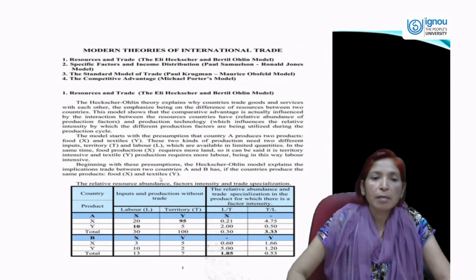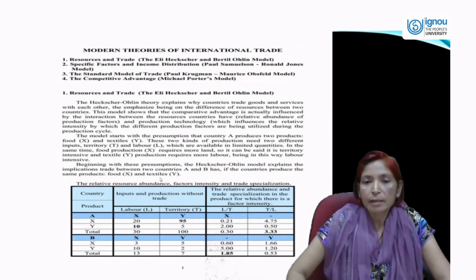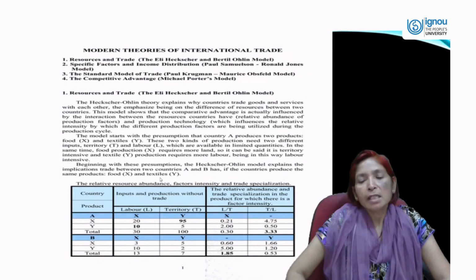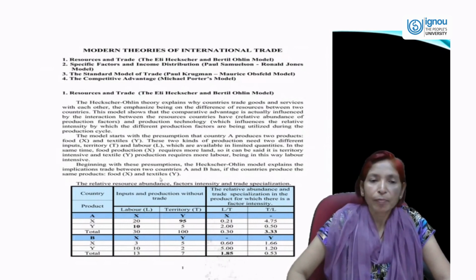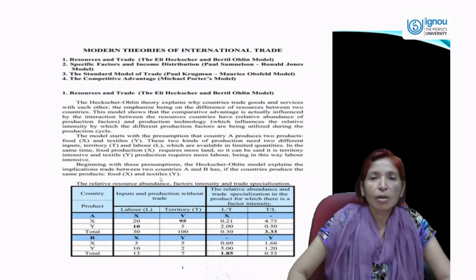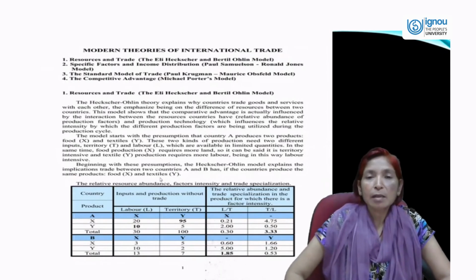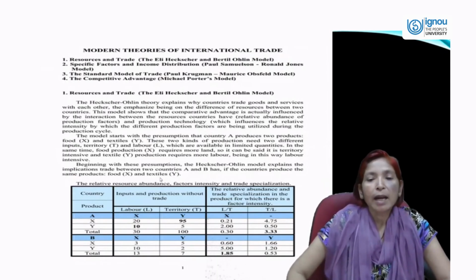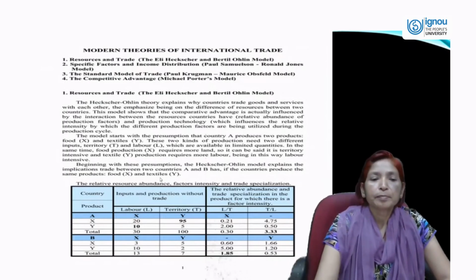At the same time, food production requires more land, so it can be said to be territory intensive, and textile requires more labor, being in this way labor intensive. So food mainly depends upon land cost, and the production of textile depends upon labor.